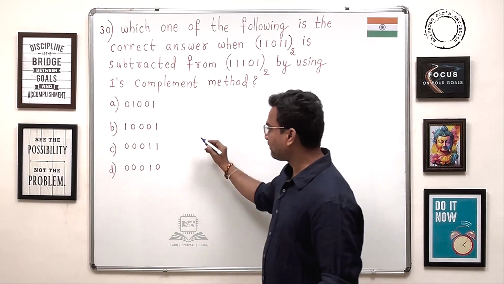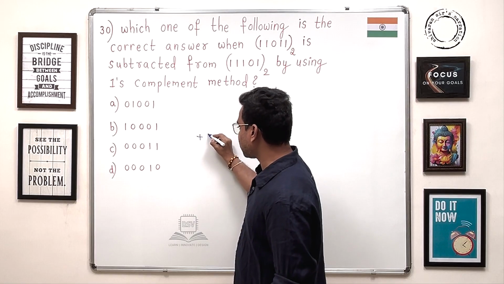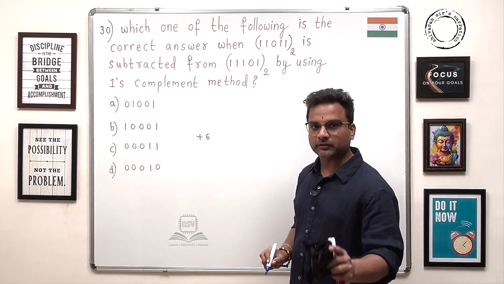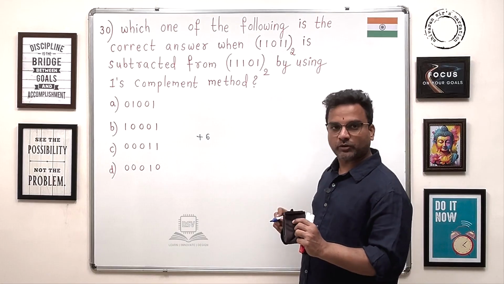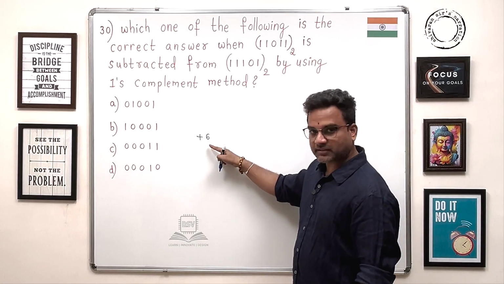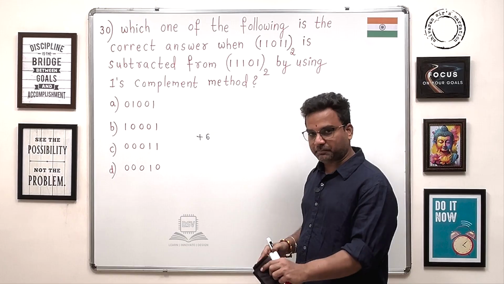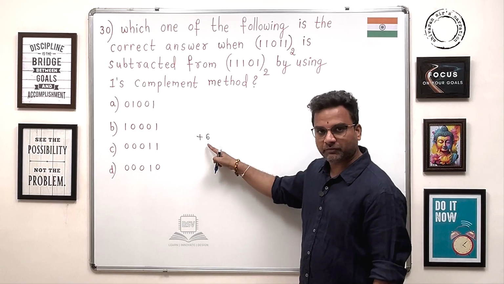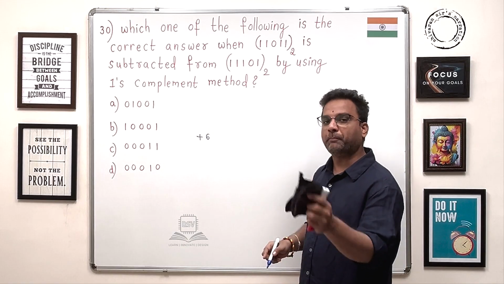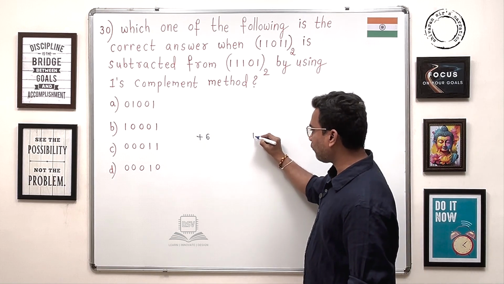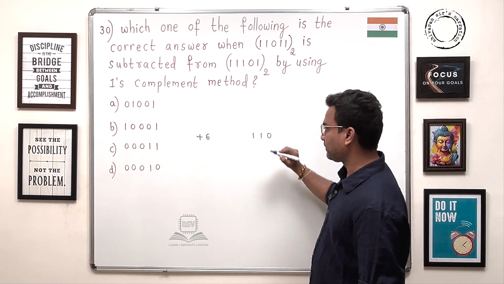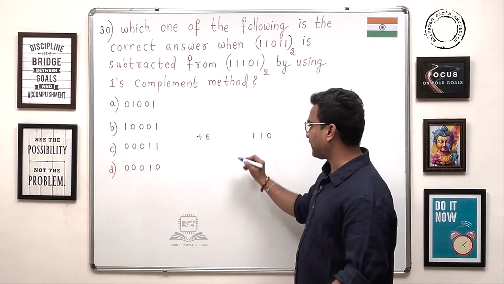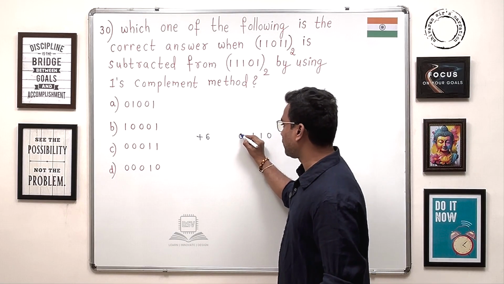For example, it is plus 6. Then the procedure is, we want to represent plus 6 using 1's complement representation. First you convert this 6 into binary, which will be 1 1 0, and you use the sign bit. The sign bit is 0.